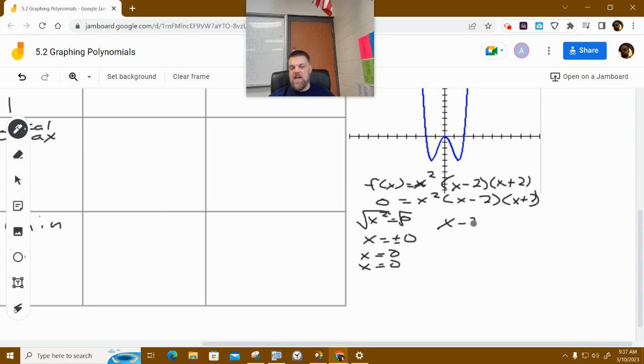If I take this factor, x minus 2 equals 0, I add 2 to both sides, and I get another 0 occurs at x equals 2. And then lastly, if I say x plus 2 equals 0, then x equals negative 2. All right, so I have 1, 2, 3, 4 zeros.